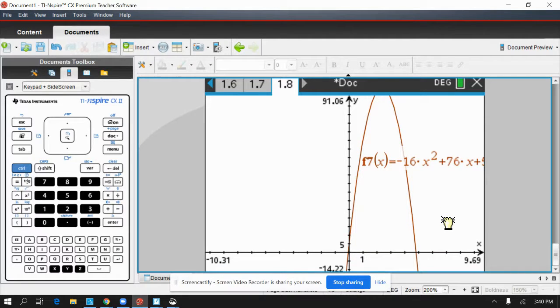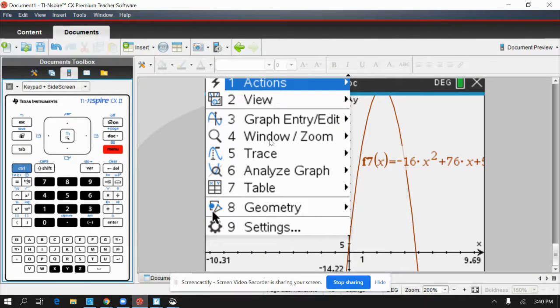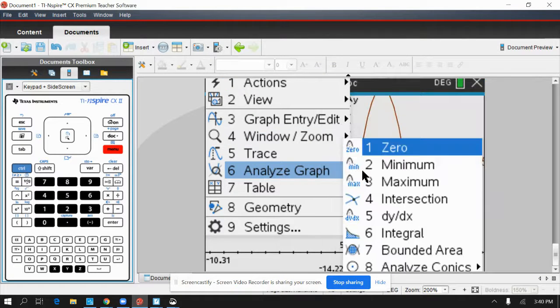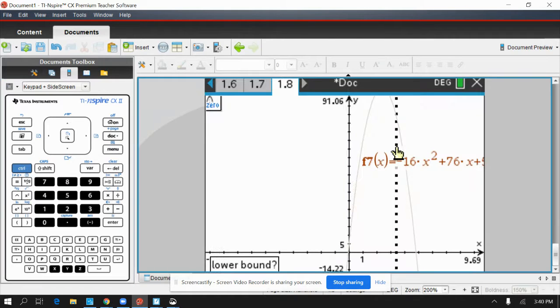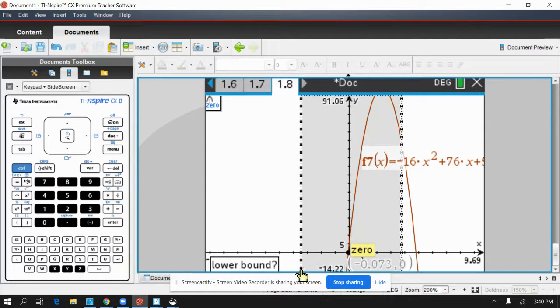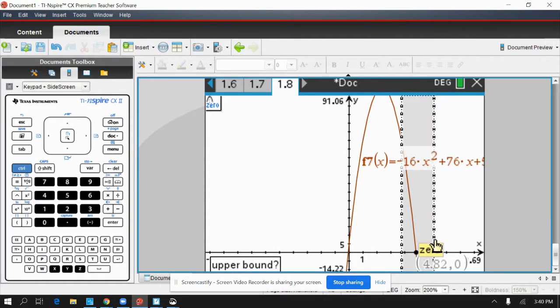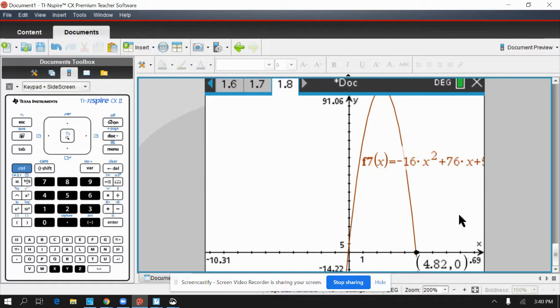So I just remembered, I want to find when it hit the ground. So I want to find this value right there. And that is a 0. So we're going to our menu, analyze graph, and I'm going to find the 0. Lower bound. So I click to the left of the 0, press enter, and then it's asking for upper bound. So I go to the right of the 0 and press enter, and voila.